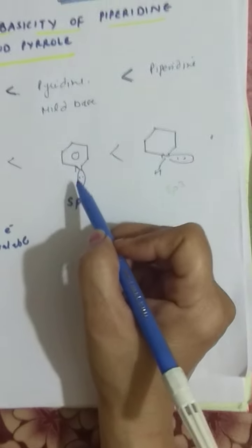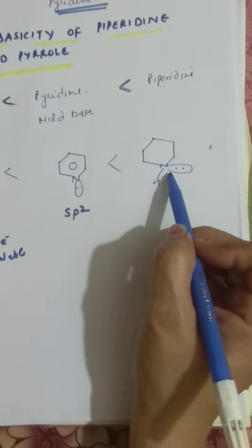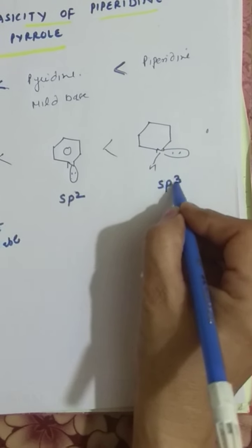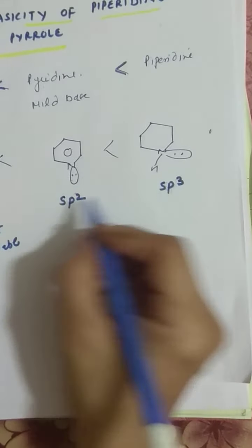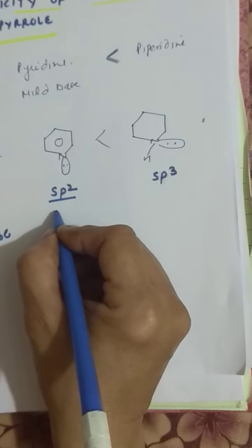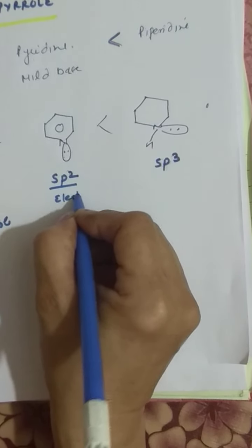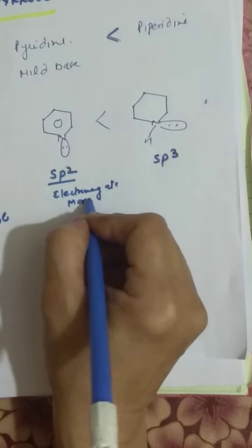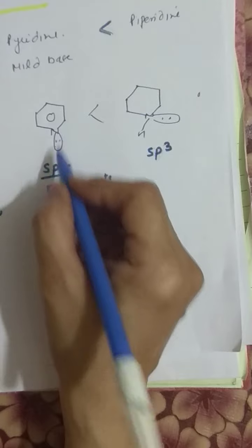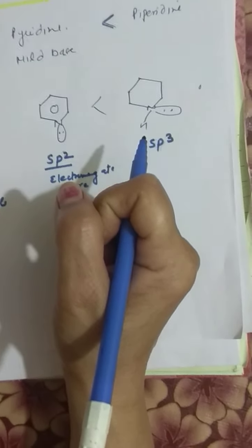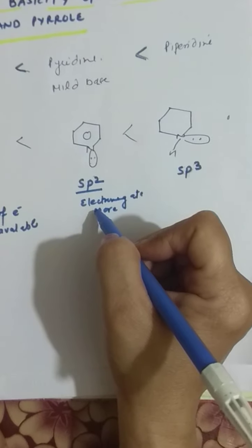So when we compare pyridine and piperidine, in the case of piperidine, nitrogen is sp3 hybridized, whereas nitrogen in pyridine is sp2 hybridized, so it is more electronegative. So it holds the electrons closely, and they are not available.